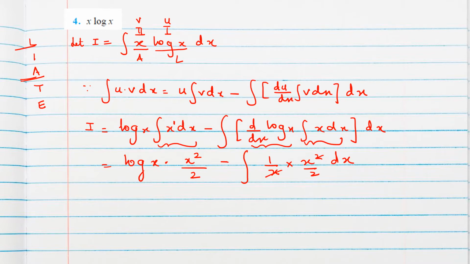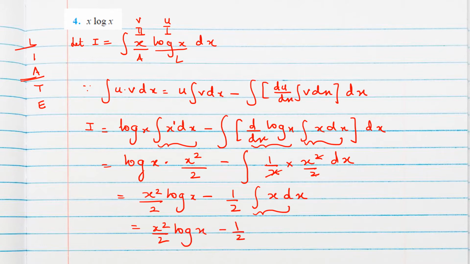Okay, so x square by 2 log x, 1 by 2 we can take outside. So inside the integral only x will be there. Now for this integral again we can use the power rule. So x square by 2 plus c. So finally we can write x square log x by 2 minus x square by 4 plus c.